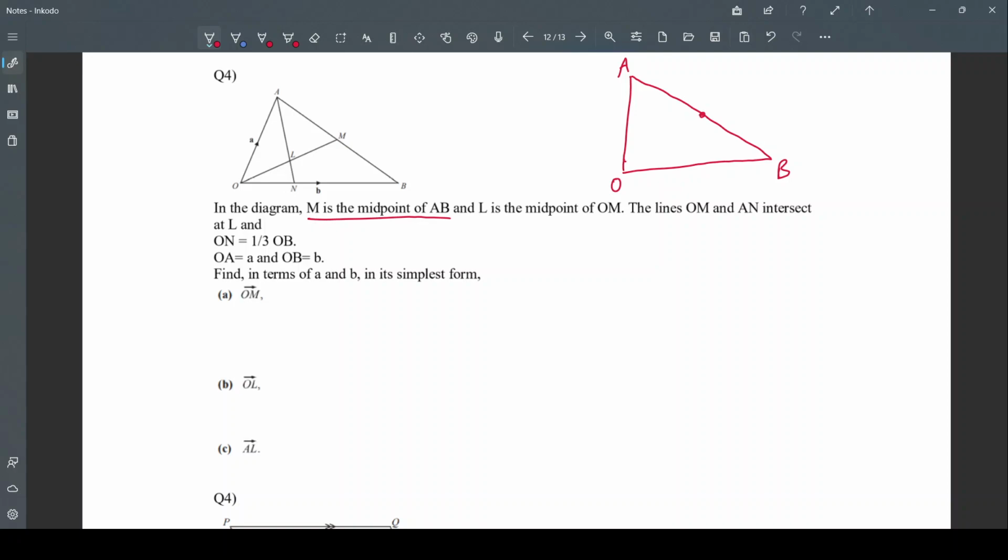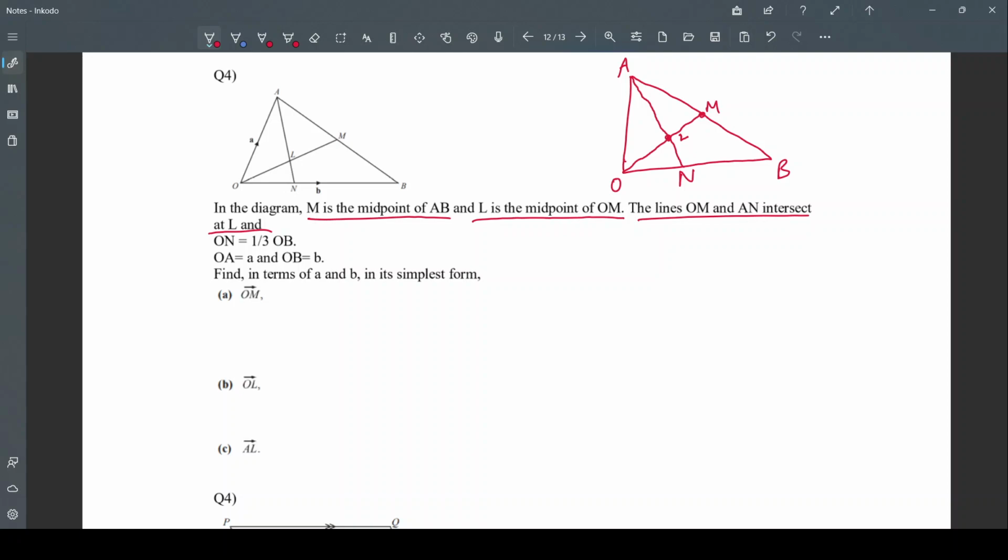L is the midpoint of OM, and the line OM and AN intersect at L. So this OM line is intersecting with another line, AN, and they are intersecting at point N.